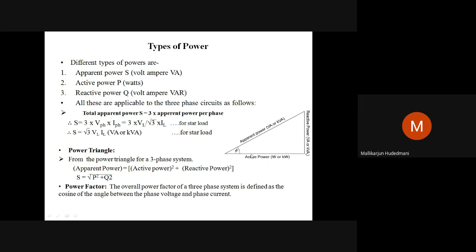Or else we can write this angle in terms of tan, opposite side divided by adjacent side: angle phi is tan inverse of reactive power divided by active power. Take the cos of that. This way also I can write the power factor. In one of the problems we discussed in the earlier class, you might remember, people took the tan function, converted it into phi and used the cos of that. So this is the relationship between active power, reactive power and apparent power related to three-phase circuits.